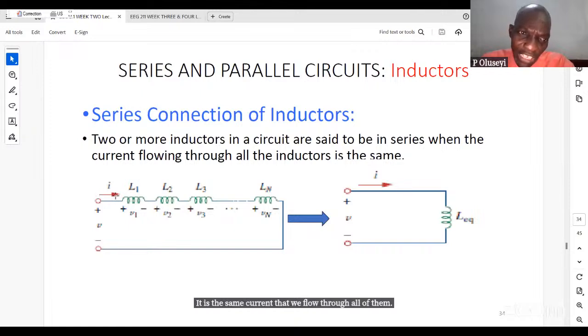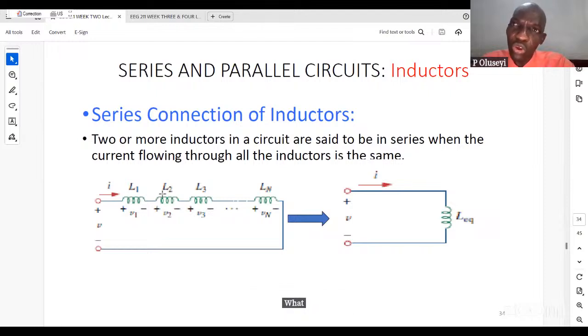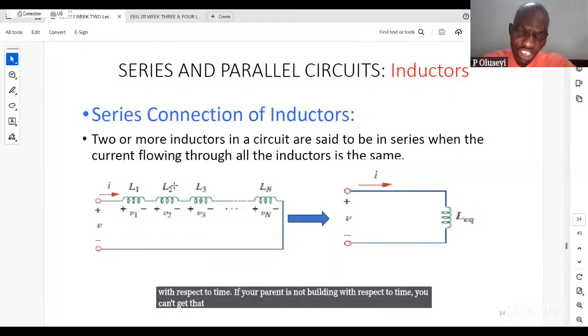And you know that for inductors, to get a voltage in an inductor, there must be a varying current with respect to time. If your current is not varying with respect to time, you can't get that. Remember Faraday's law.